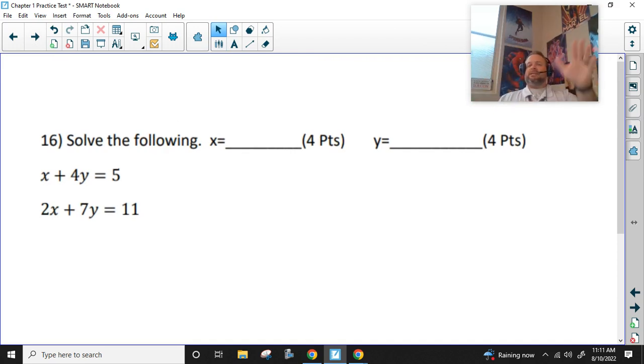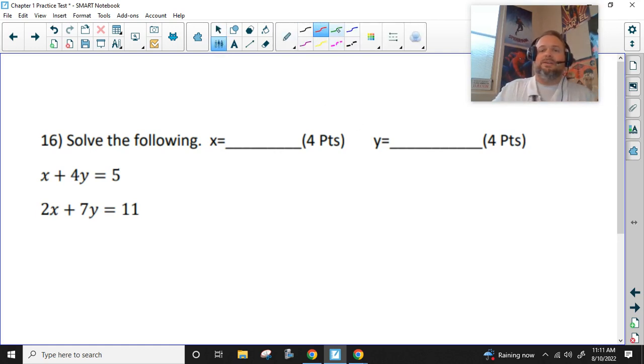Solve the following. X equals, Y equals. I told you I was going to do that. So you should know that there should be two answers. Again, it doesn't matter how you solve it.